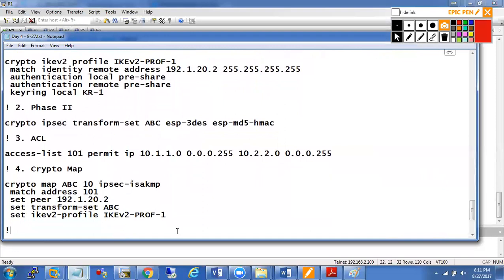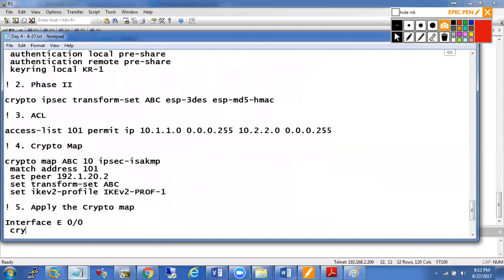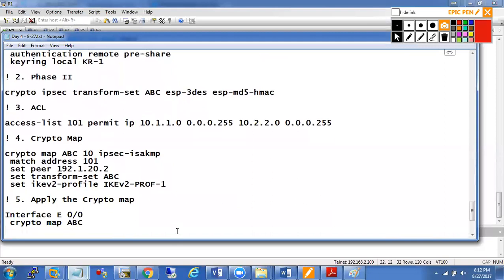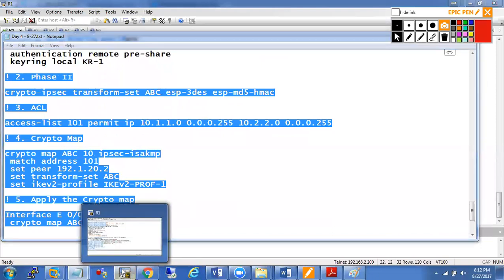And the last step is to apply it, just like normal. All right, phase 2, step 2, step 3, step 4, and 5 are predominantly the same.